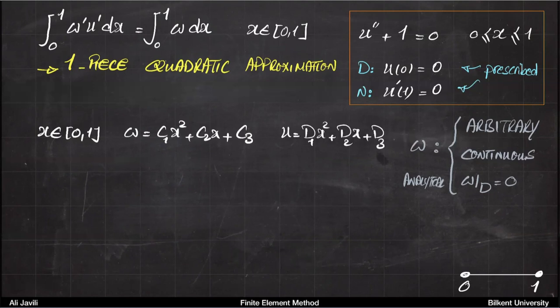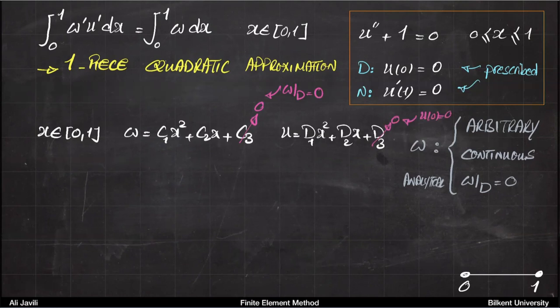Now, using our boundary conditions, we can immediately see that c3 is 0 because w at 0 is 0. We can also see d3 is 0 because u at 0 is 0. All right, so that's that.